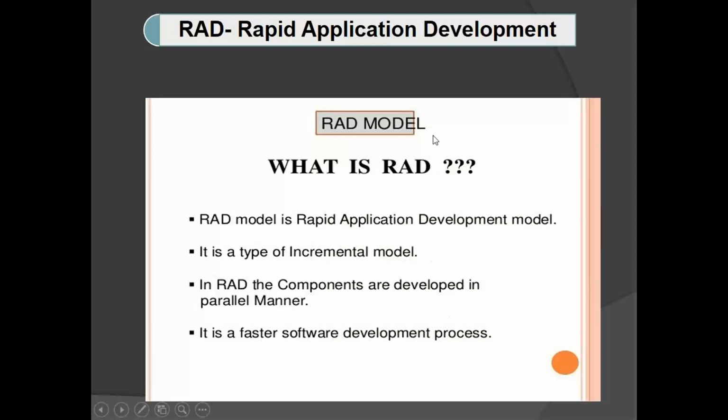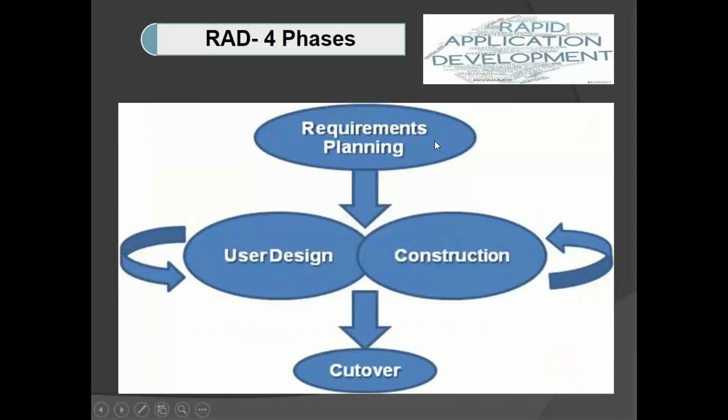Here also we have 4 phases or stages: requirement planning, user design, construction, and cutover. In requirement planning, we do system analysis and system planning.